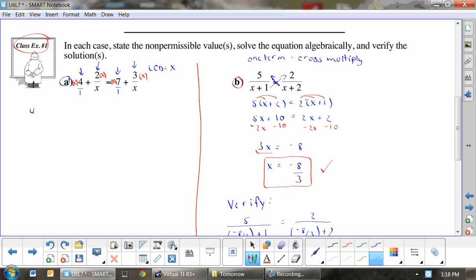So we get 4x plus 2x over x is equal to 7x plus 3x over x. So right away, we can cancel these out. Okay? And then we get 4x plus 2 is equal to 7x plus 3.